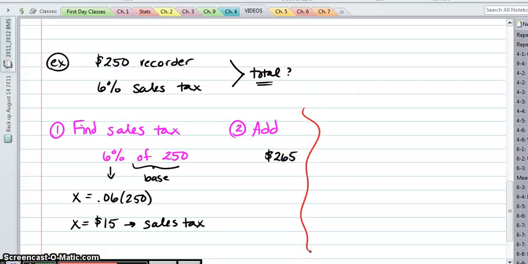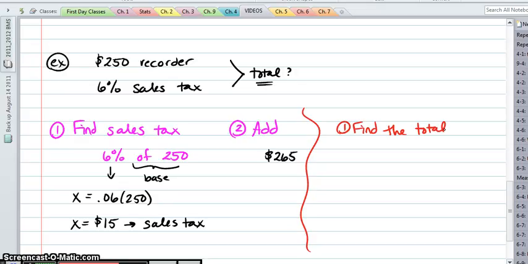Instead of finding the sales tax first, you could go ahead and just find the total. How do you do that? Well, you know you're paying more than what you are starting with. So the $250 is your base, but you need to pay more than that in the end.